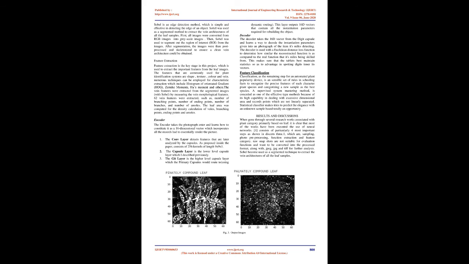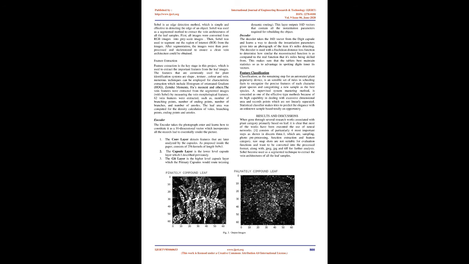such as JPEG, JPG and TIFF for further analysis. In this project, the acquired images were stored in 6016 x 4016 resolution. Sobel is an edge detection method, which is simple and effective in detecting the edge of an object. Sobel was used as a segmentation method to extract the vein architectures of all the leaf samples.